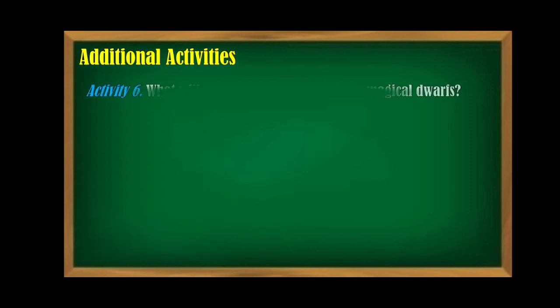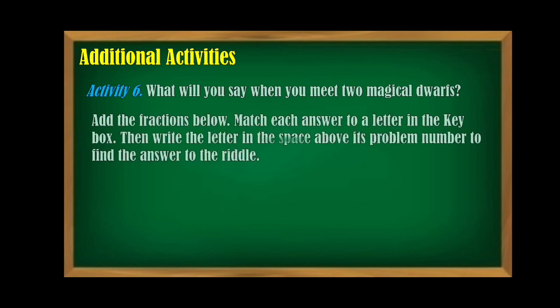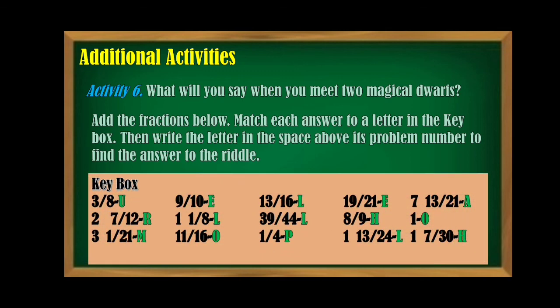And for the last part in this module, which is additional activities, the question is, what will you say when you meet two magical dwarfs? Okay, so all you need to do is add the fractions below, match each answer to a letter in the key box, then write the letter in the space above each problem number to find the answer to the riddle.